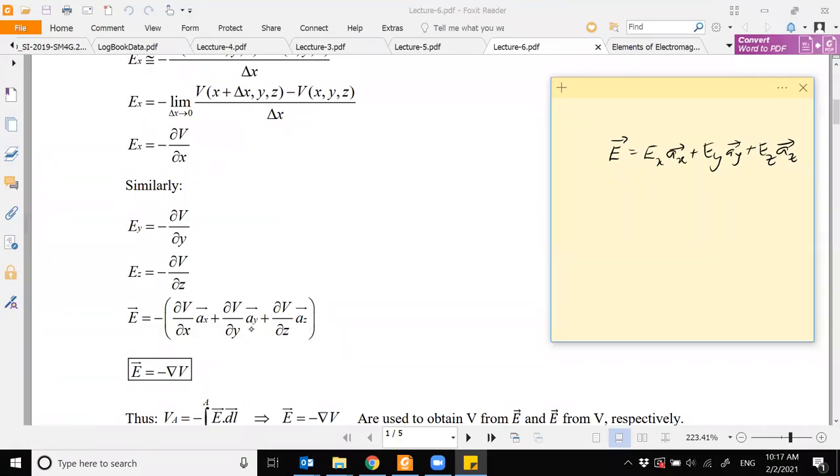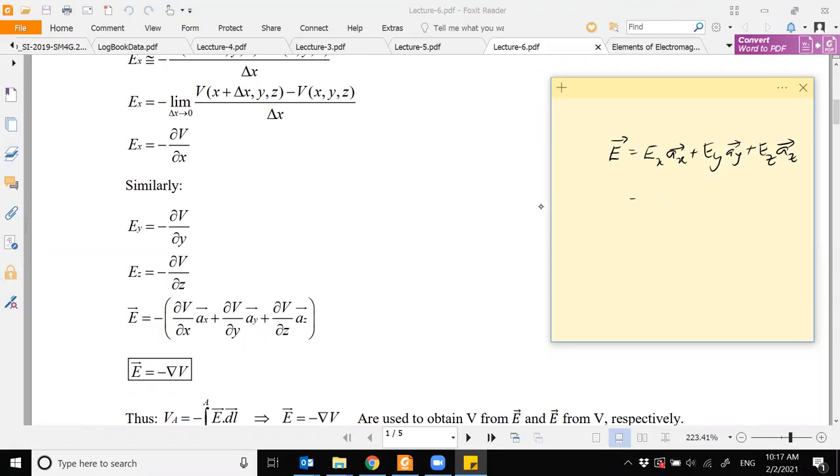And therefore, your E bar is equal to minus, and what is this one? This is the del operator. So it is minus del V. This is another relationship between the electric field and the potential, which is E is equal to minus del V.